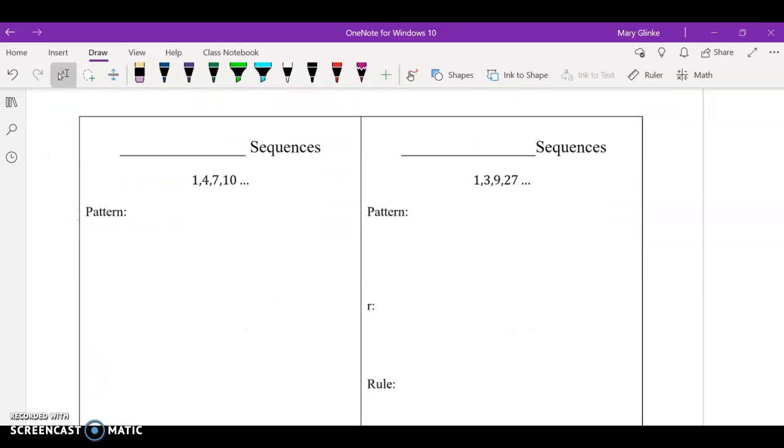Now taking a look at the different warm-ups here, the first one we said was we were adding 3 each time. And so that actually comes from last semester. That's going to be an arithmetic sequence. With arithmetic sequences, you are going to add or subtract the same number each time.